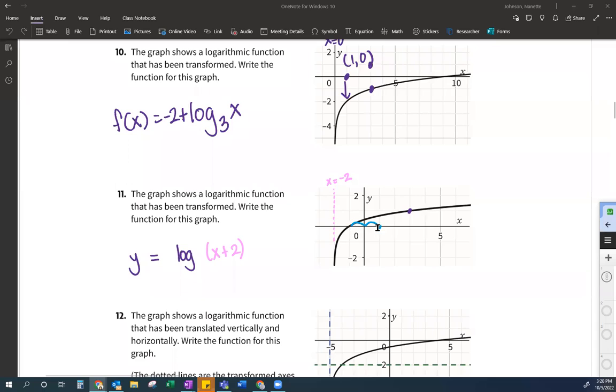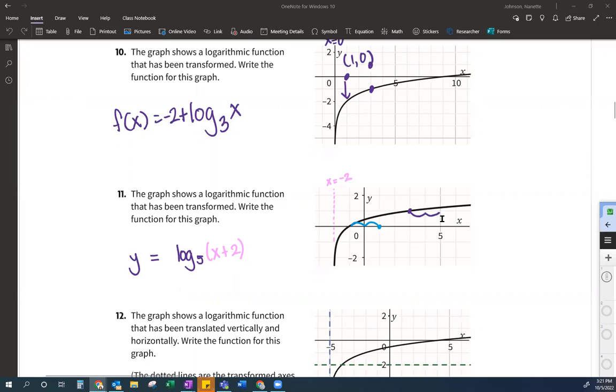Where did it live before it got shifted? Yeah, at 5. So if you undo the shift, it lives right there. So that means that my base is 5.